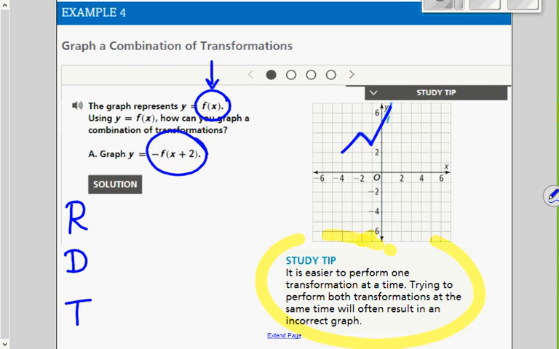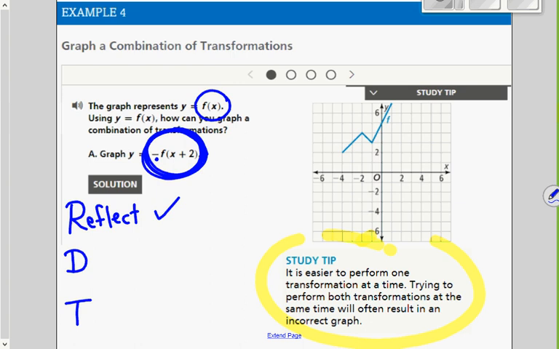You go through here and you say to yourself, well, is there anything inside this blue circle that would cause the graph to reflect? And I would say yes, this negative sign would do that. All right? Is there anything in here that might cause this graph to dilate? For this, we're looking for a multiplier.